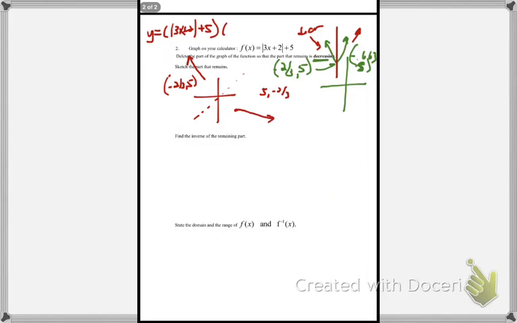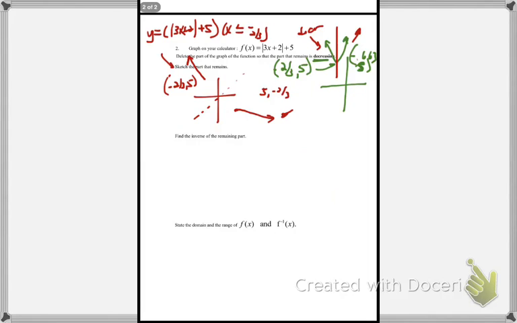And limit your domain to x is less than or equal to negative 2/3. That will give you the domain coming from this end. And draw inverse.